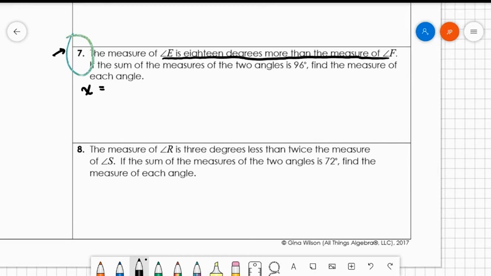Much like the other problems we were doing, pretty much for all of these, one of your angles is going to be just x, and then the other angle is going to be using x and doing stuff to it, adding to it, multiplying it, something. So in this case, if angle E is more than F, F is kind of my base.